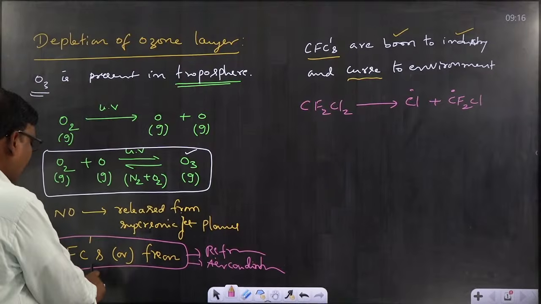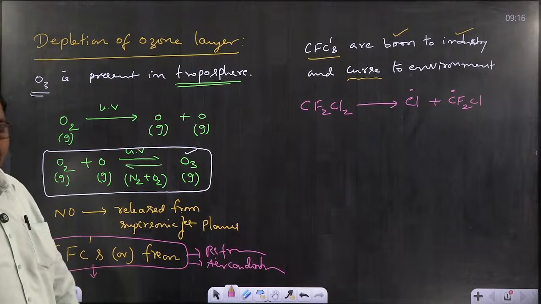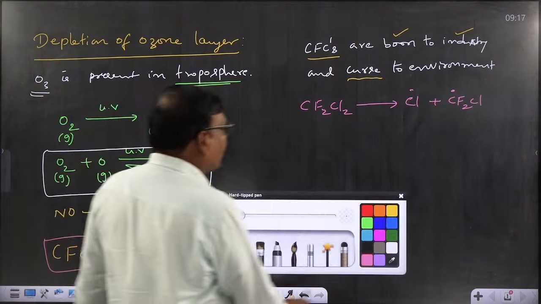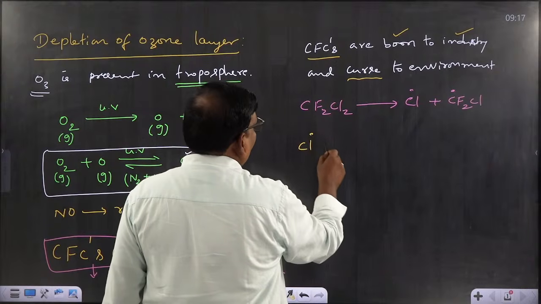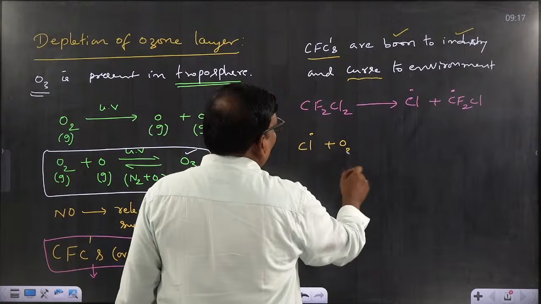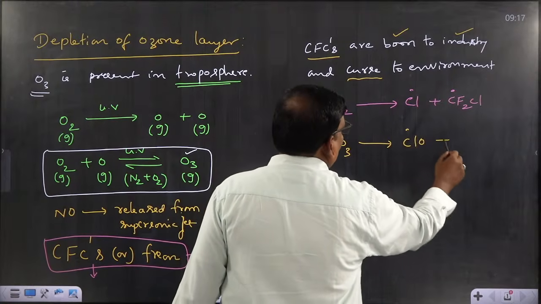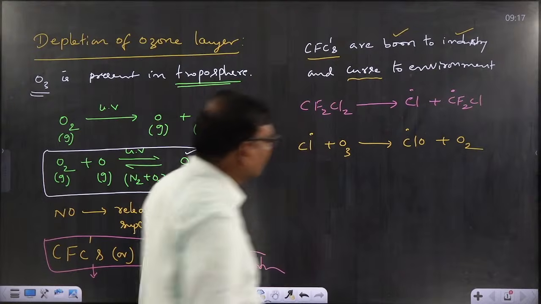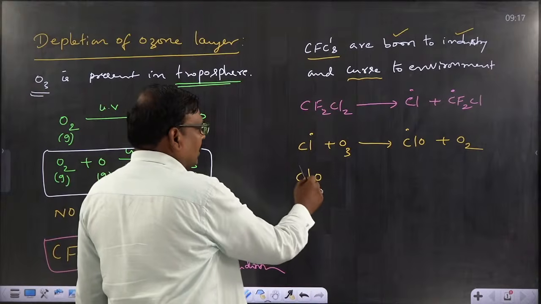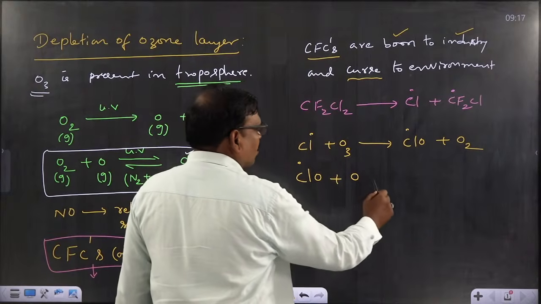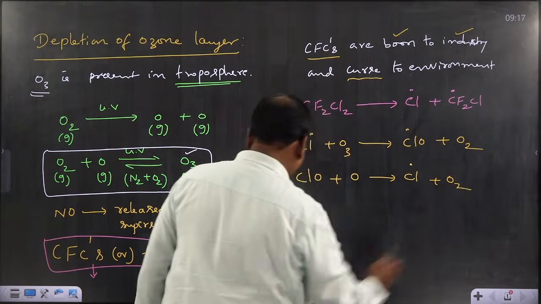Actually, one CFC molecule will deplete a lakh of ozone molecules through chain reactions. The initially formed chlorine will combine with an ozone molecule to produce a ClO radical along with oxygen. Now that chlorine monoxide radical again combines with atomic oxygen to produce a chlorine radical along with oxygen.